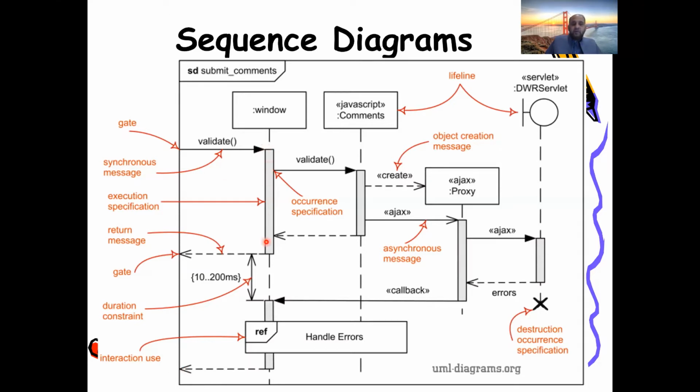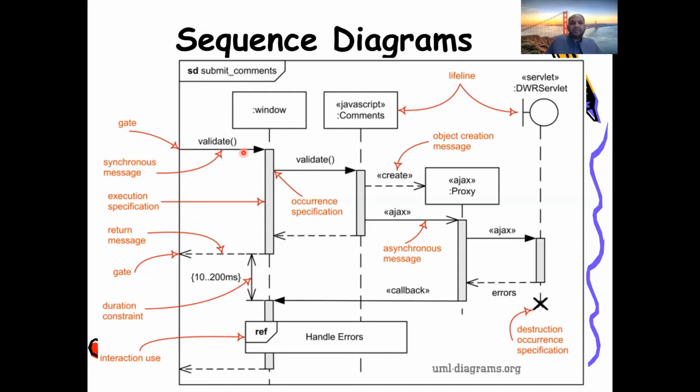This box, which is overlapping the lifeline, is called execution specification. Then the point from where a message is initiated, it is some particular point. That point is called occurrence specification.